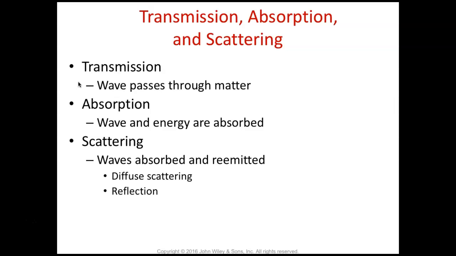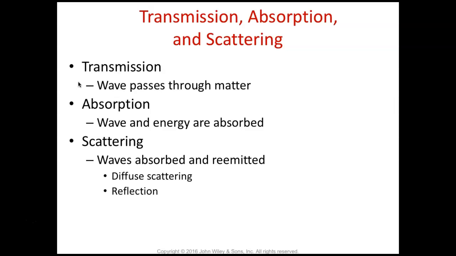The other thing I'd like to talk about is reflection. So why do we have objects that are reflective like mirrors? That's because they scatter visible light at the same angle that the original wave comes in. And so that process is called reflection, and that's why you see an actual mirror image of what is coming into it.